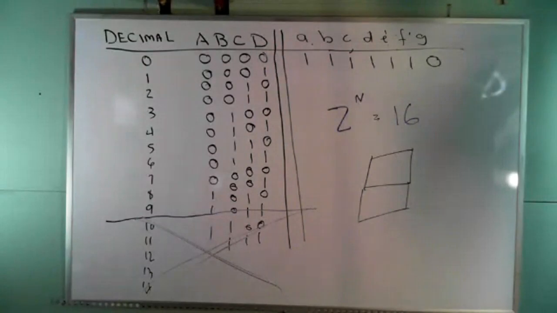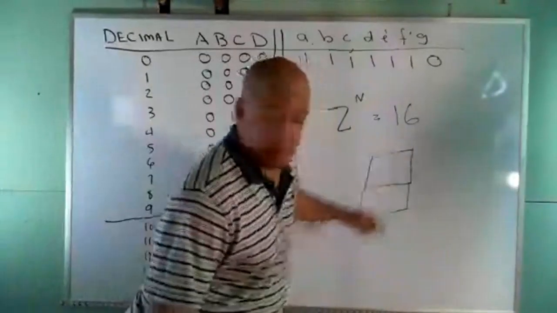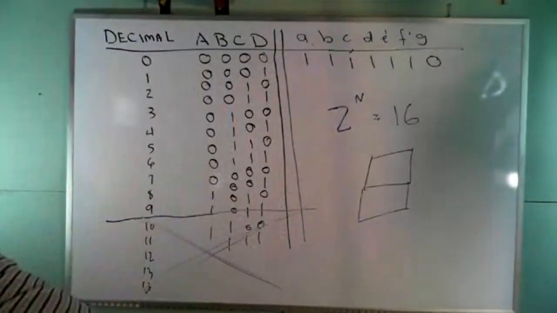Five is connected at the bottom, right? You said 5? To make a 5, B is the only thing that's gone. It's not lit up. Yeah, 5 would be. Let's see. You're making my brain hurt this morning. I have to think about how these numbers are made.